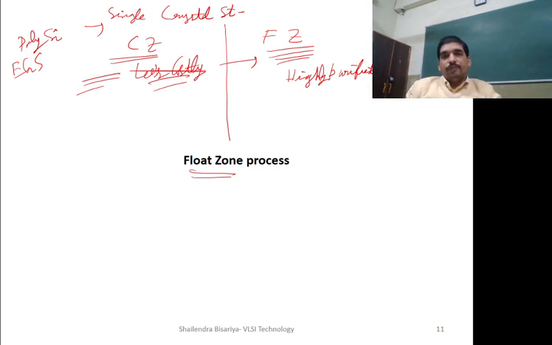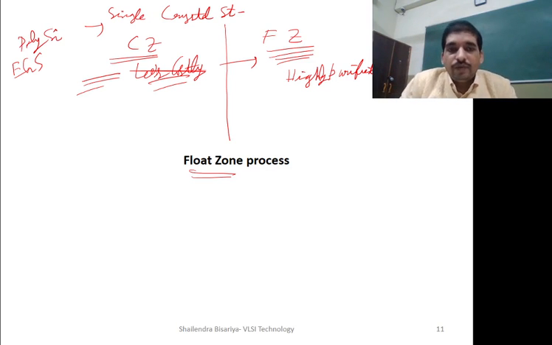Okay, but it will increase the cost of the system and hence the cost of your IC. So in case you cannot compromise with the impurities, you should prefer FZ. Otherwise, it is better to prefer CZ, and CZ in itself is sufficient for most of the processes. That is why CZ is widely used. Otherwise, FZ is used. Okay.